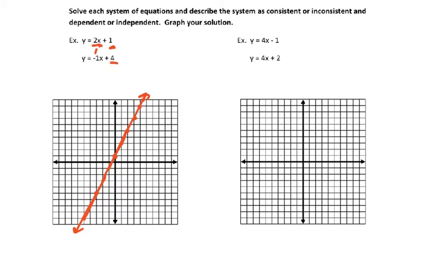And then we're going to graph the other one. We're going to start at 0, 4. I'm going to use a different color just so we can tell the two lines apart. 0, 1, 2, 3, 4. And then we're going to go down 1, right 1. And it becomes very clear where these two are going to cross. I'm going to go ahead and draw my line.